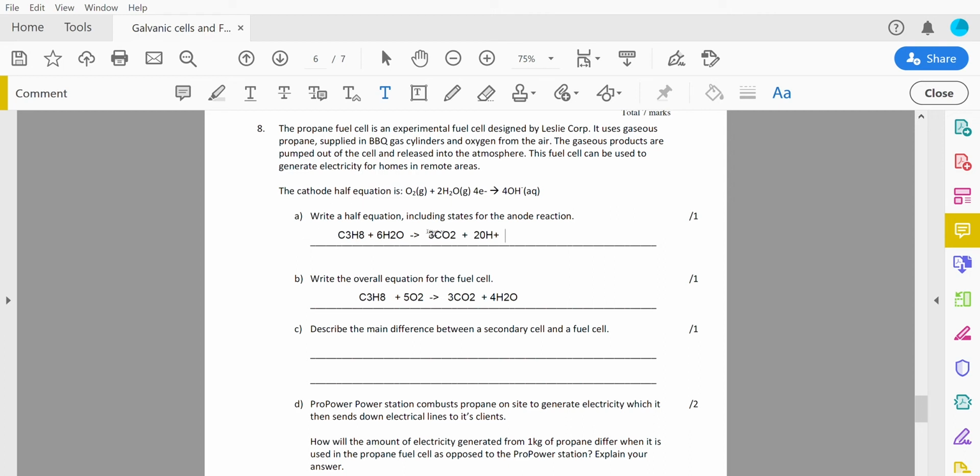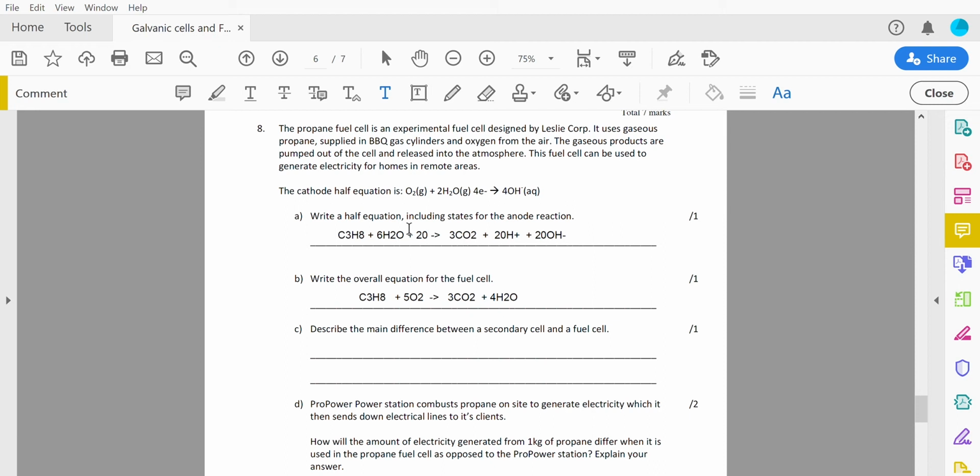Now we do what we've talked about before, and we add hydroxyl groups to balance for basic conditions. So if I've got 20 hydrogens here and I need to get rid of them, I'm going to add 20 hydroxyl groups, and this will produce my water here. You have to add the same thing on either side.